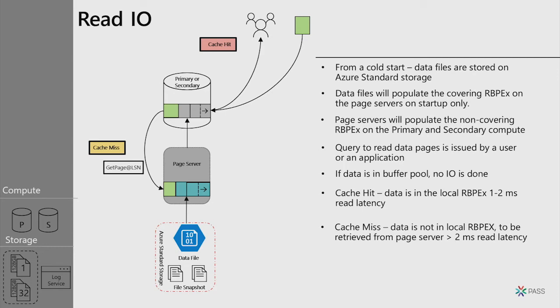If the page server has that page as of that time, because remember, log records are being applied asynchronously, then it'll return that page, no problem. If it doesn't have that page, then it'll ask the xlog service, hey, give me the log blocks till this LSN for this page. And it'll get the log blocks for the LSN till that page, and then return that page, and the read is complete.